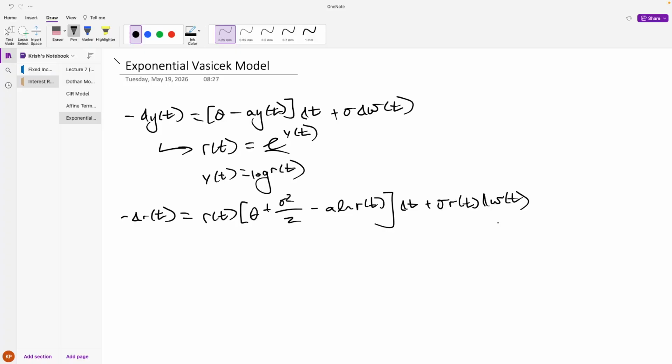As we will see when I write down the mean and the variance, it depends on theta over a. So it does not drift towards zero like Dothan did. It keeps its Vasicek preservation, but we still have this issue right here. So nothing really changed except the mean reversion property.